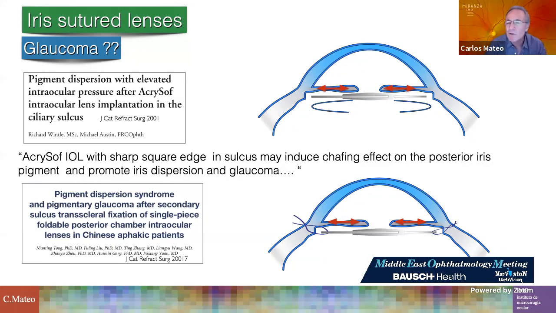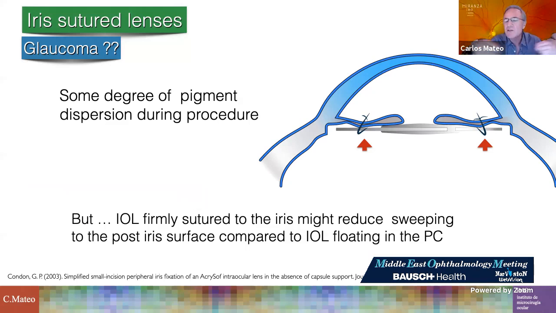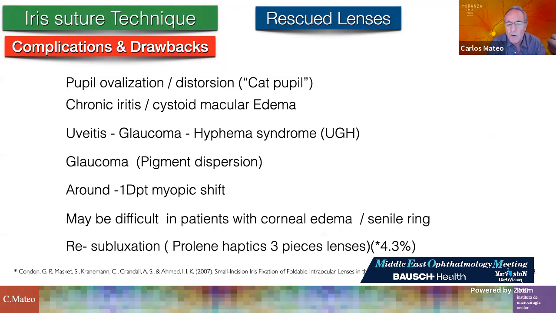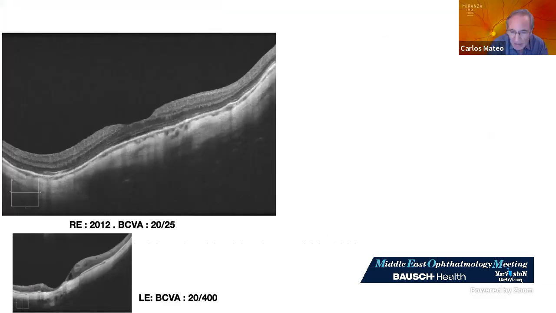But I think that when you suture these lenses to the iris, the iris moves less, of course, and then the chafing effect is less than expected. We don't find patients with pigmentary glaucoma and that.